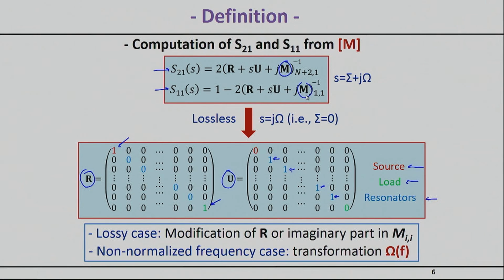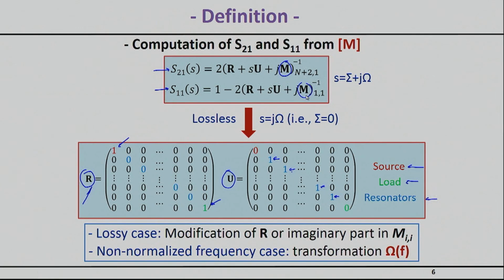Now, the lossy scenario is something we will discuss a little later, but I do want to say that it's a very simple modification of either the R matrix or the M matrix itself to include losses. Simply by changing a few numbers, you can immediately incorporate the lossy resonator. In other words, you can incorporate a finite Q here that you can't do normally.